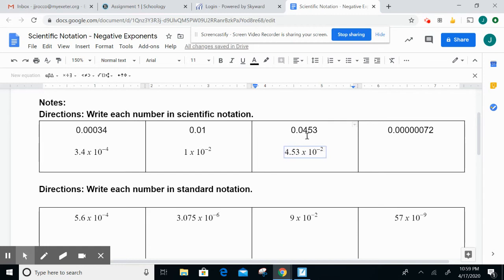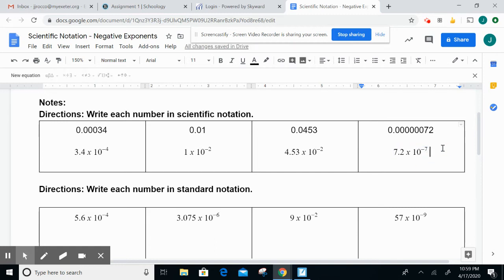You're going to move it 2 to the right. All right, final one, insert equation. You're going to get it between the 7 and the 2, and you're going to move that decimal place 1, 2, 3, 4, 5, 6, 7. 7.2 times 10 up to the -7.